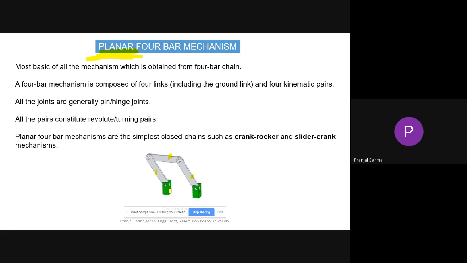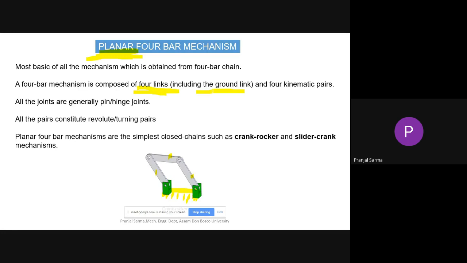Now if we fix, that means this green portion is fixed, so one link from that particular kinematic chain is fixed, and it gives rise to a mechanism. From the four-bar chain, the mechanism we get is nothing but the four-bar mechanism. From the name itself, we can very easily say how many links it comprises: four links, considering the ground link.